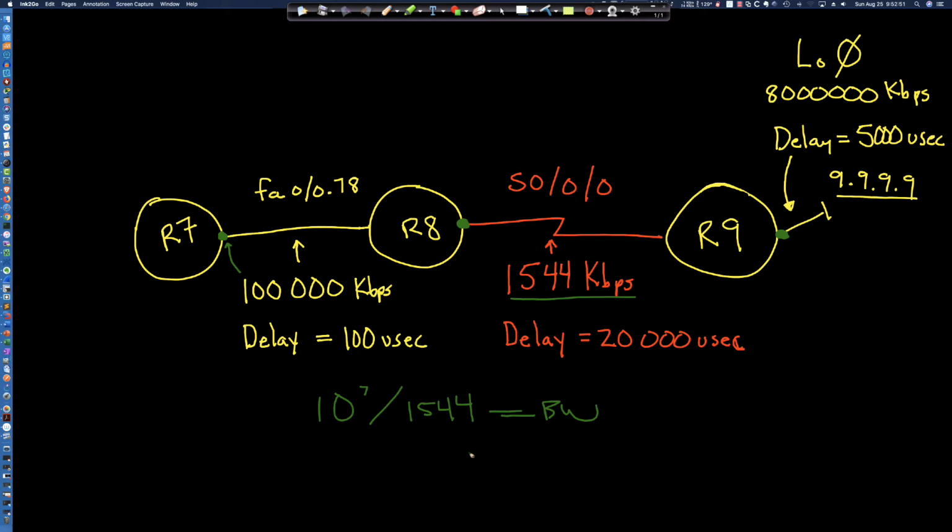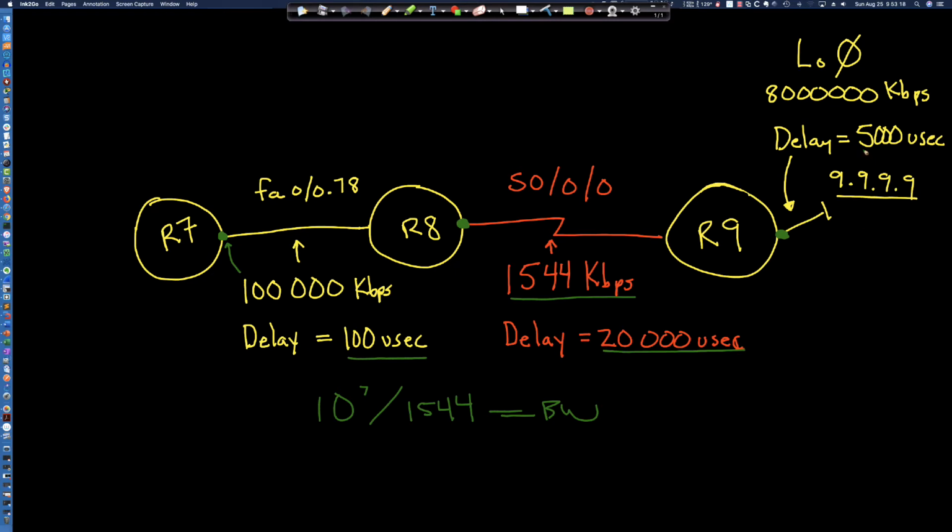Now, I take the cumulative delay, which means I'm going to be adding the delay up of the outgoing interfaces from my source to the destination. Well, we can see here that the delay on the FastEthernet 0/0 is going to be 100 microseconds. The delay over here on the serial link, which is much slower, is going to be 20,000 microseconds.